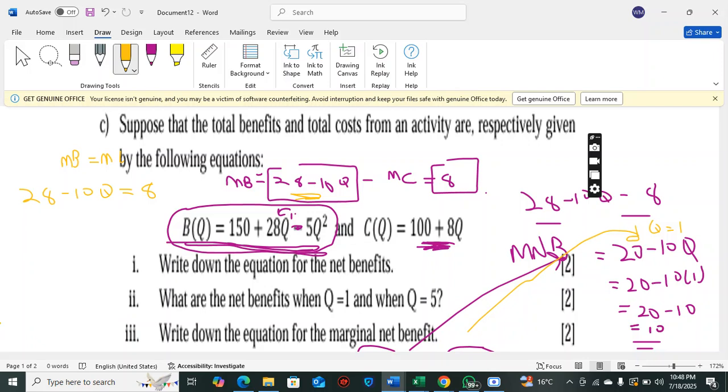The other way, you can equate marginal net benefit to 0, so that would be 20 minus 10Q equals 0. You can use either, you must find the same answer. So let's find the value of Q.